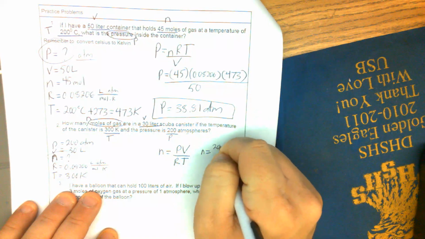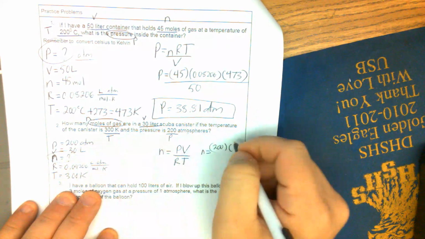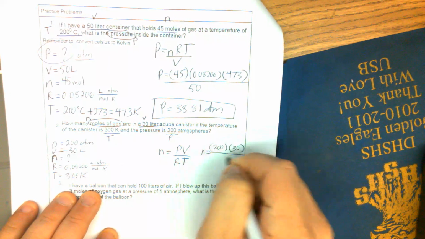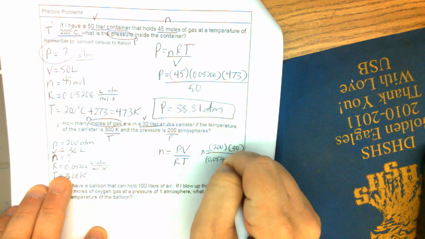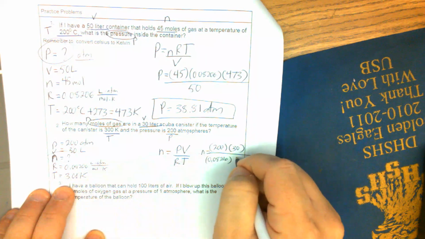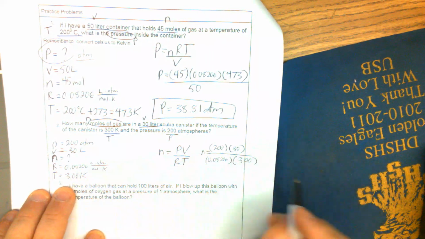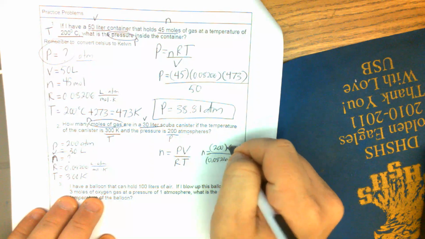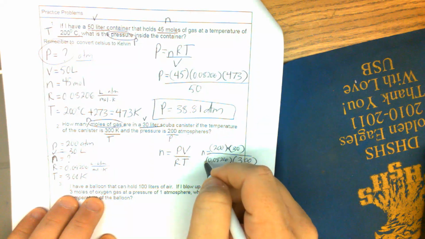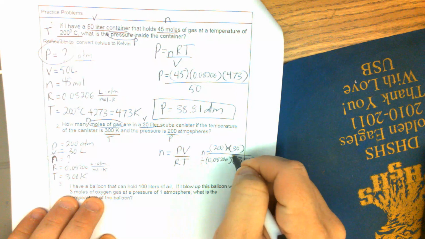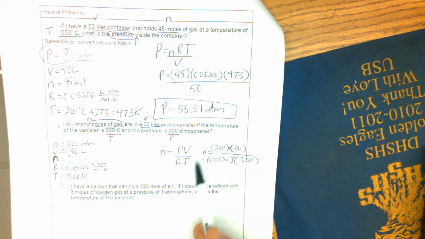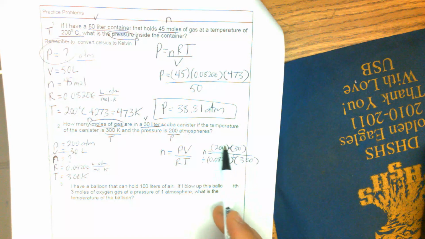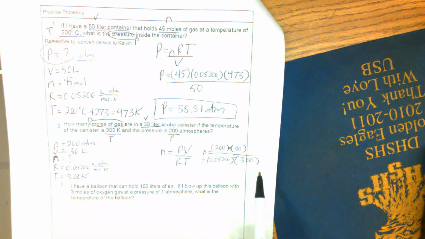So our n is going to be 200 times 30 divided by R times our T, 300. So again, we multiply the top and then we can divide by this. So instead of doing the bottom with parentheses, you do this one times this one divided by this one divided by this one.